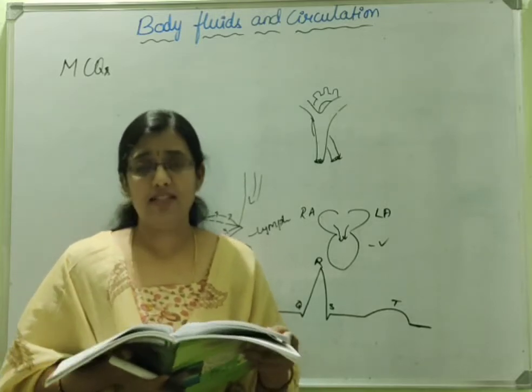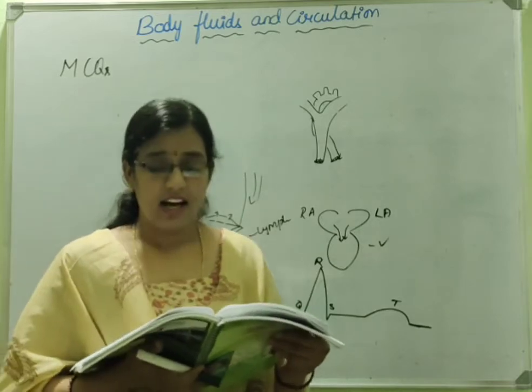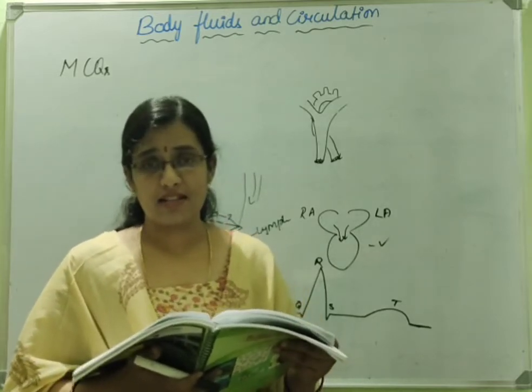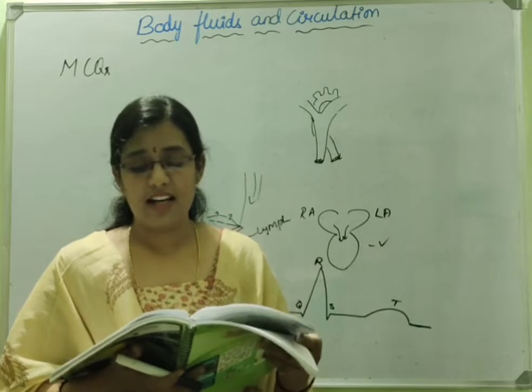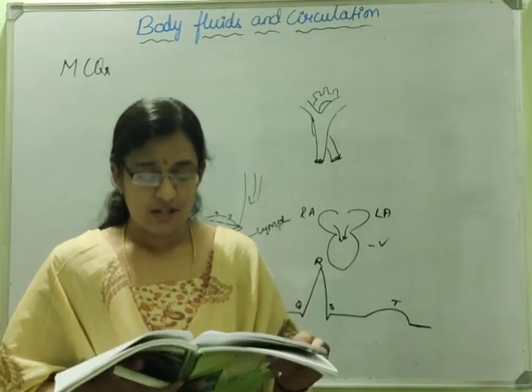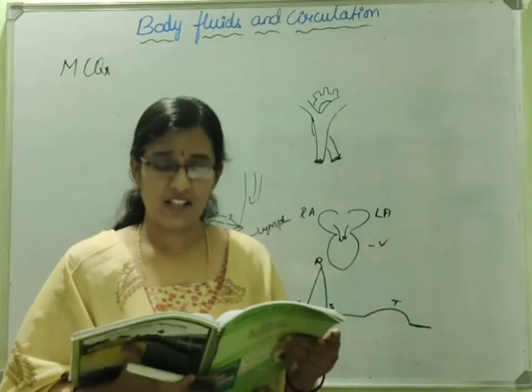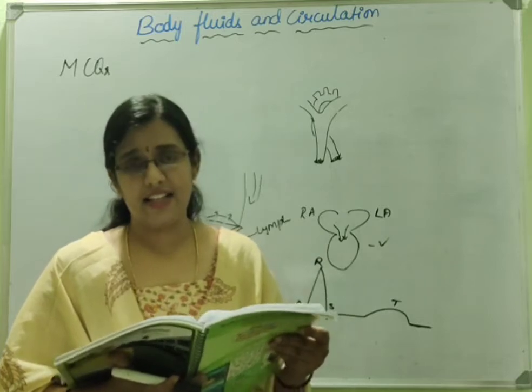See here, in option D they have given cardiac output is reduced, but you should make it cardiac output is increased. So which is the right option? It is option D, cardiac output is increased.